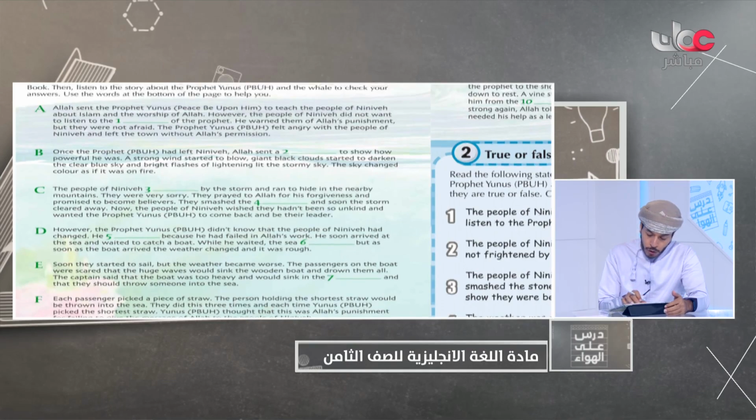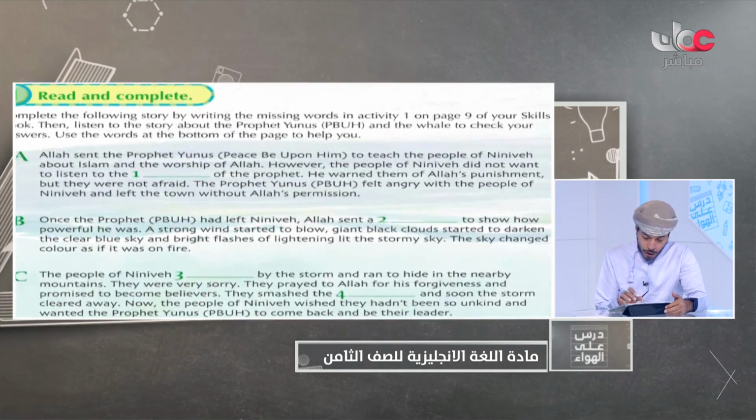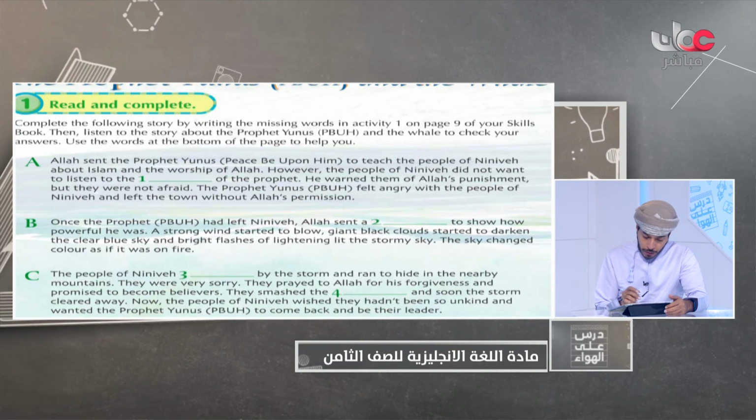For example, I will read the first paragraph and then you will read it yourself with your classmates or with your family. Look at this one. Allah sent the prophet Yunus, peace be upon him, which is, these are the words between brackets. Peace be upon him, alayhi salatu wassalam.